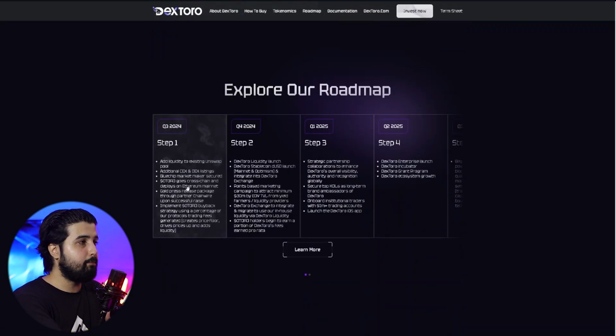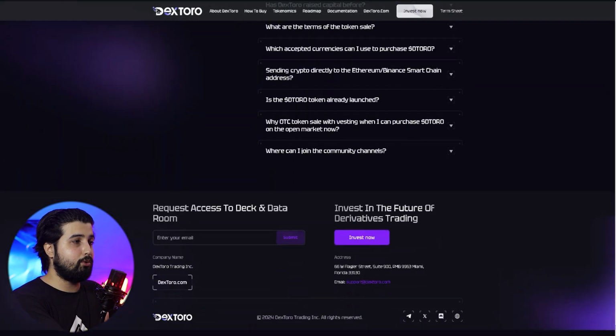And then we have a complete roadmap outlined to see what is coming next in this whole exchange, in this platform. So the whole project, the whole platform, the whole exchange looks very ambitious. And since we're in, I wouldn't say ground zero because it is already functional, but since we have round one of the pre-sale, I would say we're at the ground zero of the token, which cannot get any better than this.